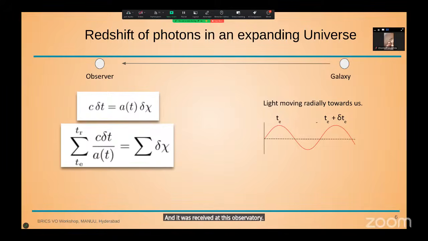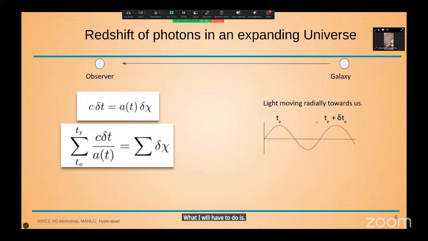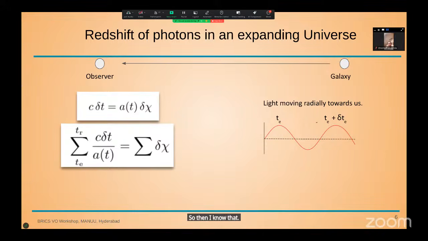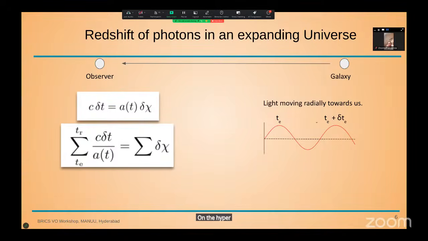Now, if I want to sum up all these numbers, starting from this galaxy to when the photon comes to the observer, I will have to take this time-dependent thing below, c dt divided by a of t, and sum it up on both sides. I have to begin when this crest left the galaxy, and I have to end when this crest reaches this observer. So those are the endpoints, t and tr.